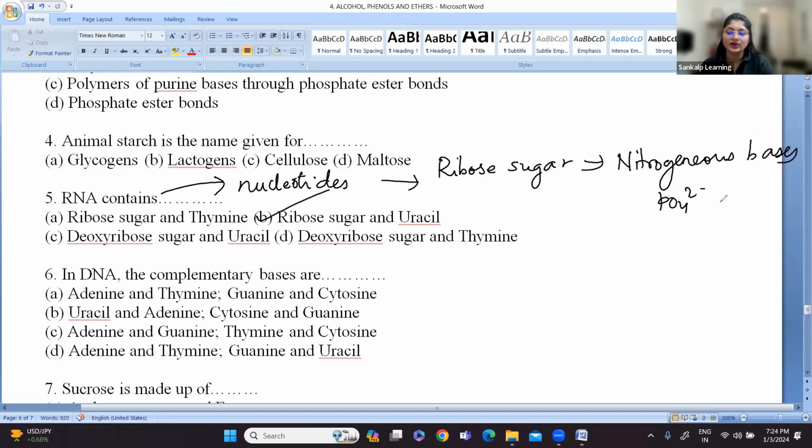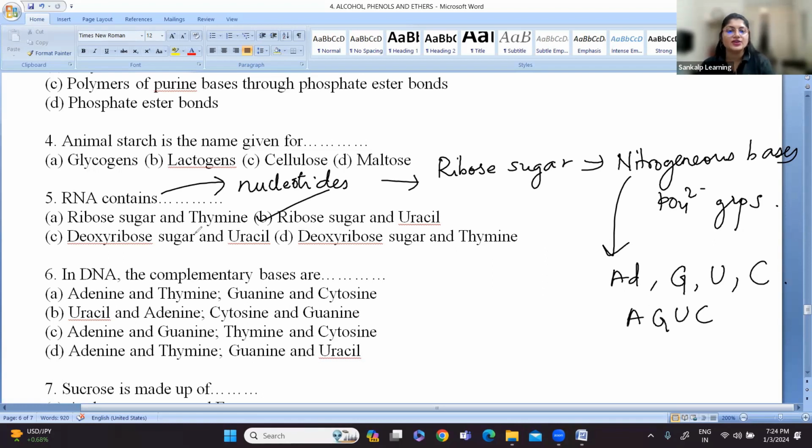Which are the nitrogenous bases? Adenine, guanine, uracil, and cytosine. Okay, A, G, U, C. So it is option number B. Fine. Next one.